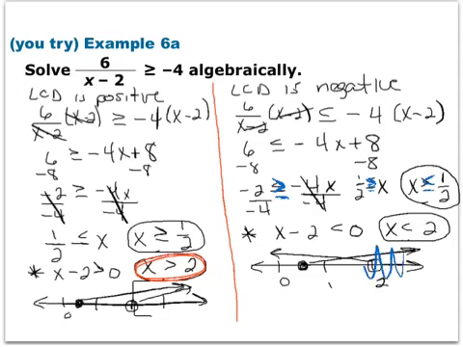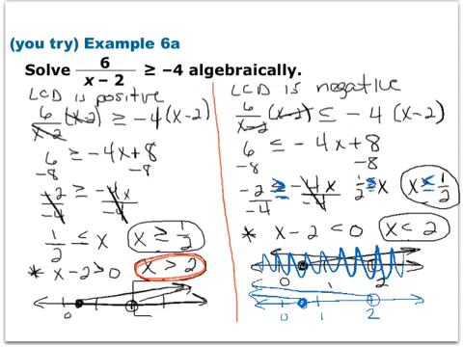Okay, so I'm going to scribble this out and make a new number line. So we're here, closed dot going this way, and an open dot going that way, and they overlap right here. So my final answer is this one.